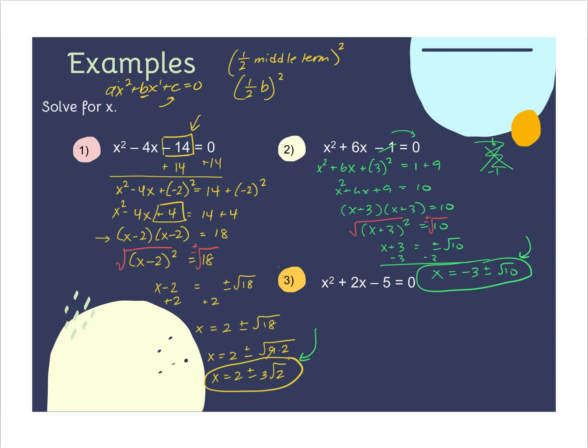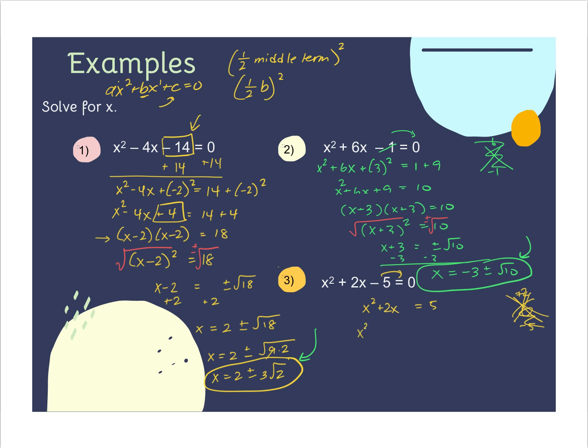Again, obviously I'm going to try factoring the traditional way. A product of negative 5, sum of positive 2. Guess what? There is no factor. Can't do it. So now I'm going to do completing the square. So x squared plus 2x, and I'm going to move the 5 over, so it equals positive 5.